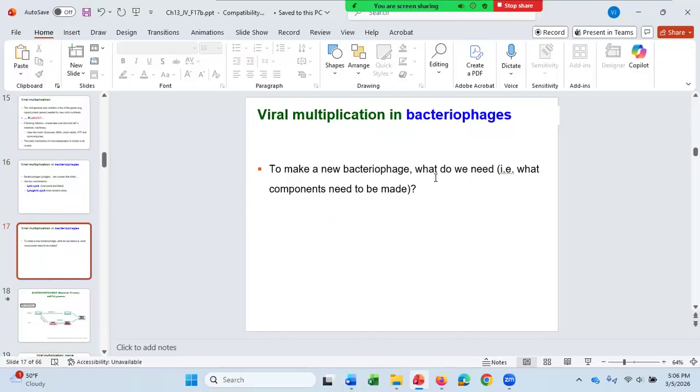An energy source. Well, yeah, it needs an energy source, but I'm asking what it needs to make. What does the virus need to make to replicate the virus? DNA. Yeah, it needs to replicate its genome. DNA if it's a DNA virus. It's actually RNA if it's an RNA genome for the virus.